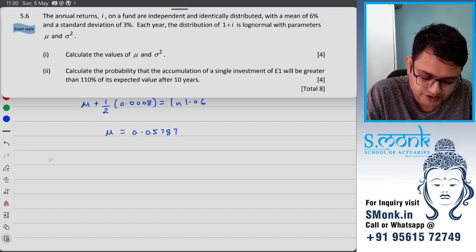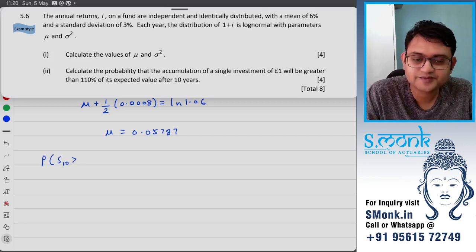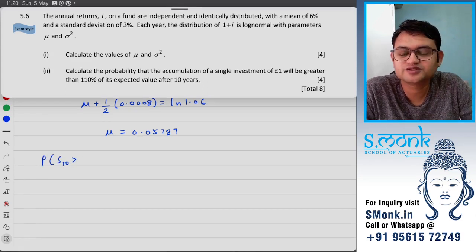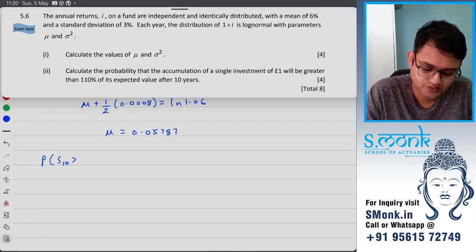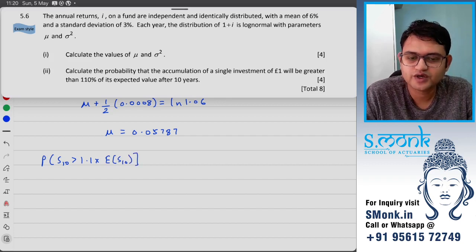Okay, no, my mistake. Actually, we want the probability that S10 is greater than 110% of the expected value. So 1.1 times the expected value after 10 years, so the expected value of S10.